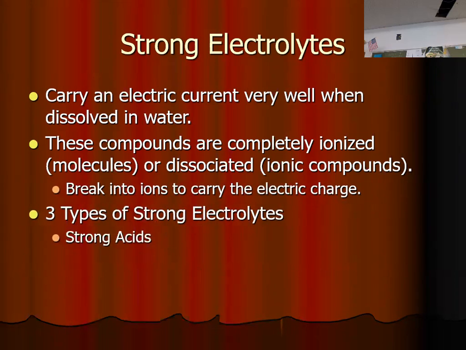There are 3 types. All the strong acids are strong electrolytes. What are the 7 strong acids? Sulfuric. Hydrobromic, we're at 3.